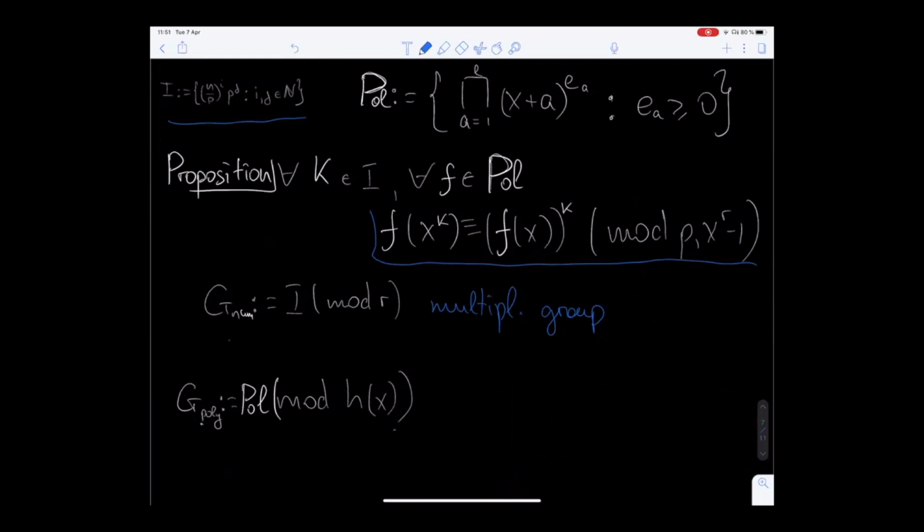And here we use that, of course, all these numbers are relatively prime to r. So it's a multiplicative subgroup of Z_r star.